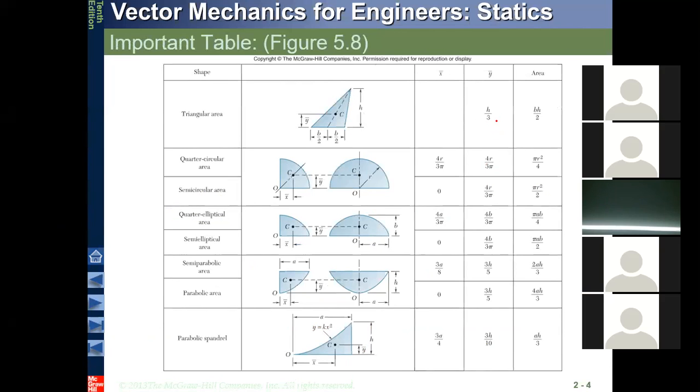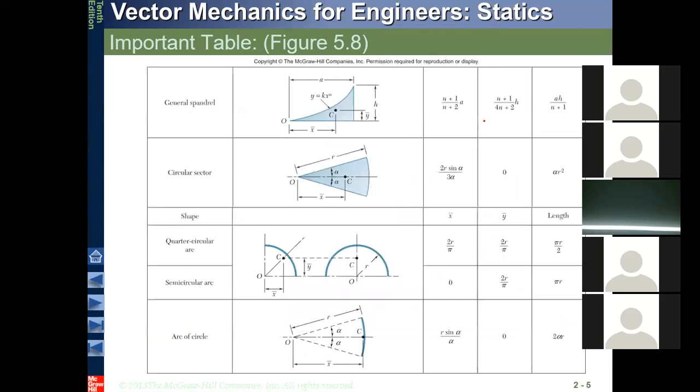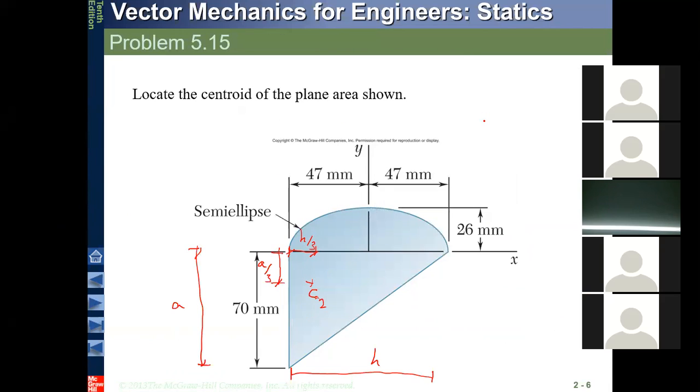You have y bar h over 3. So you have to first consider the base of the object, and then from that base go the length of the height of the triangle over 3 from the base, and then you will get the centroid.